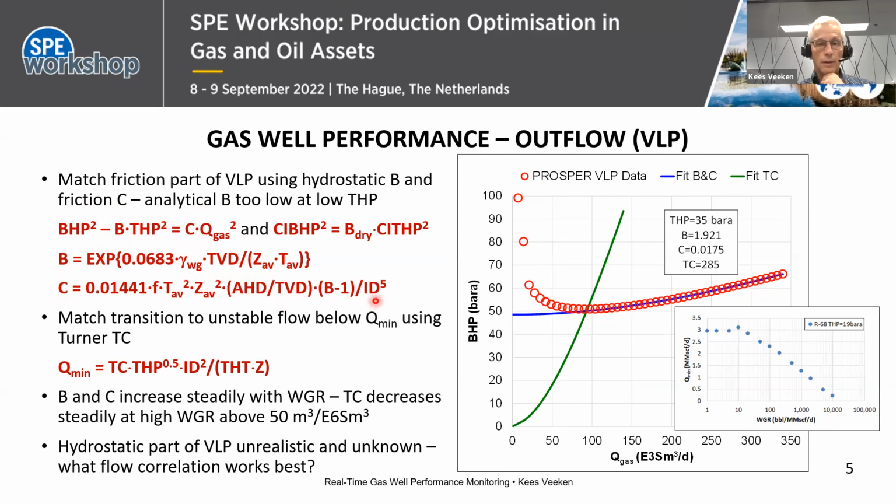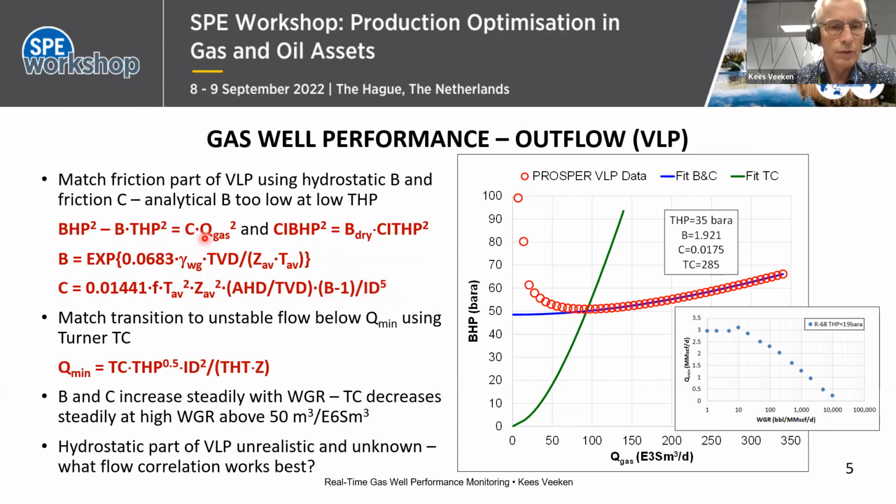And the main factor driving your outflow friction is the ID. If you have tubing half the size, then your frictional term goes up 2 to the power 5, which is a factor 32.